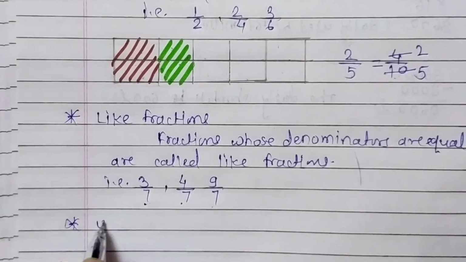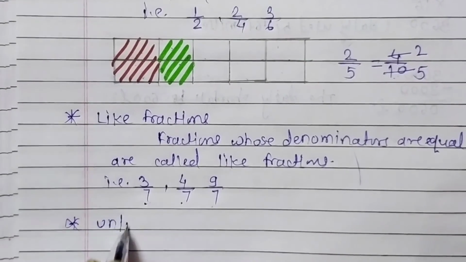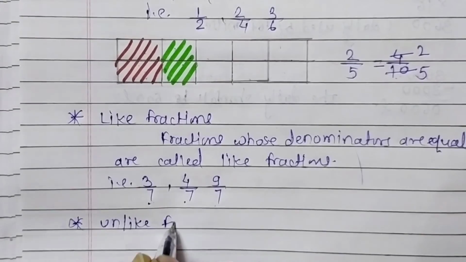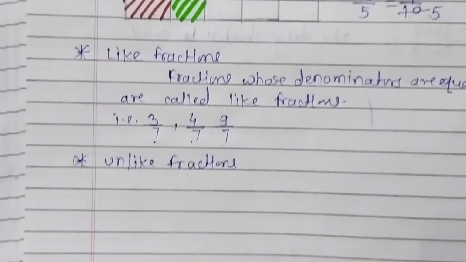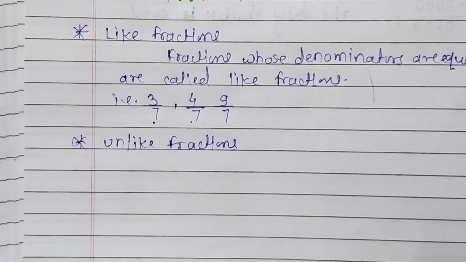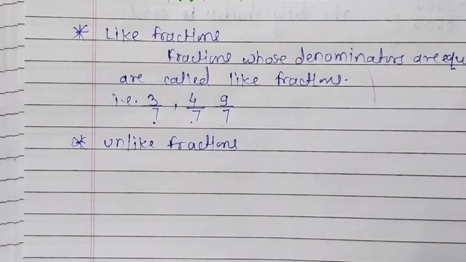And the second type of fraction is unlike fractions. This is useful to us while solving the problem set. Unlike fractions means what? It is exactly the opposite of like fractions.